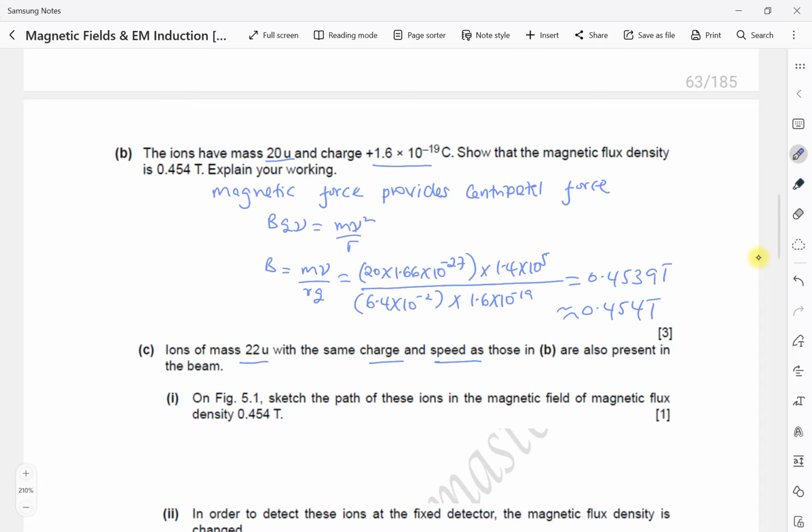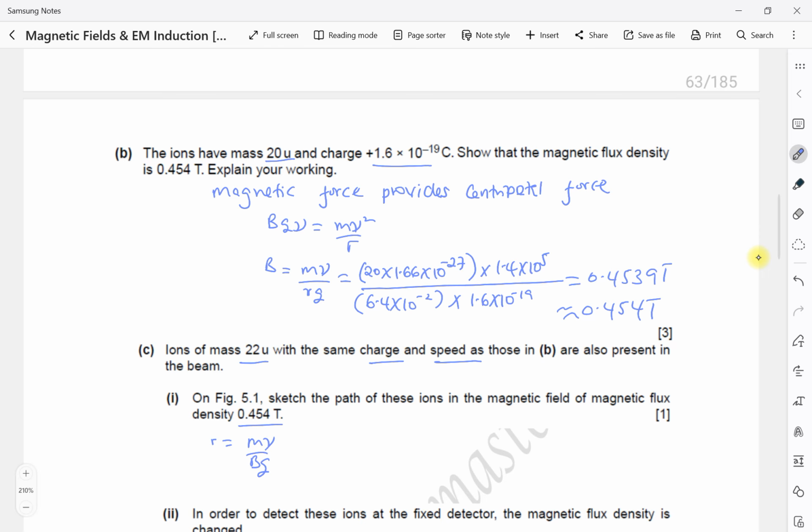Ions of mass 22U with the same charge, same speed as those in B are also present in the beam. On the figure, sketch the path of these ions in the magnetic field of flux density 0.454 teslas. Of course we have already seen that B equals mv over rq, or we can say that R equals mv divided by Bq.